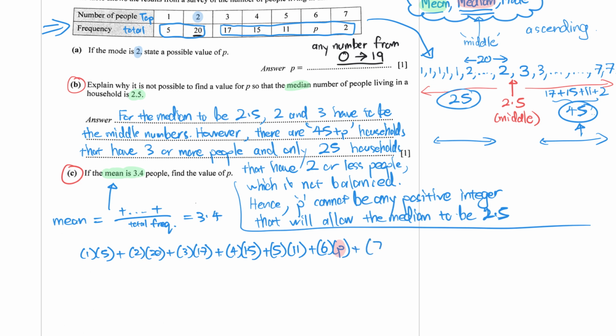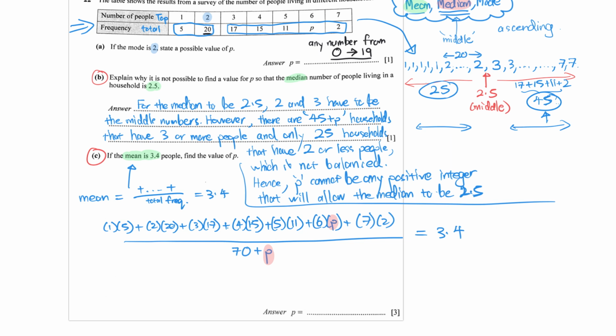Plus finally 7 times 2 divided by the total frequency, which is 70 plus P. And that would give us the value of 3.4.